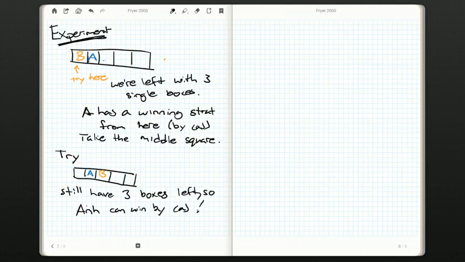So this still isn't working for us. Really, any place we stick that B, as long as it's a single B, we're going to have 3 boxes left over. So it's not going to work.